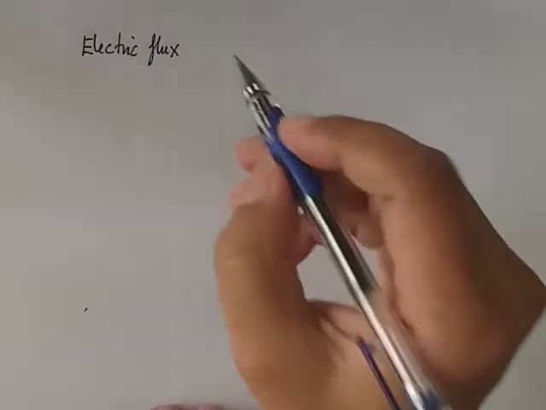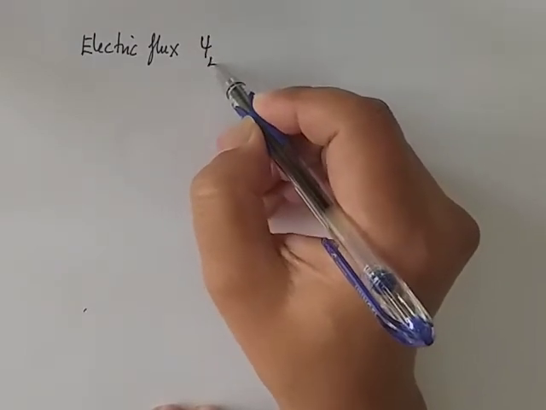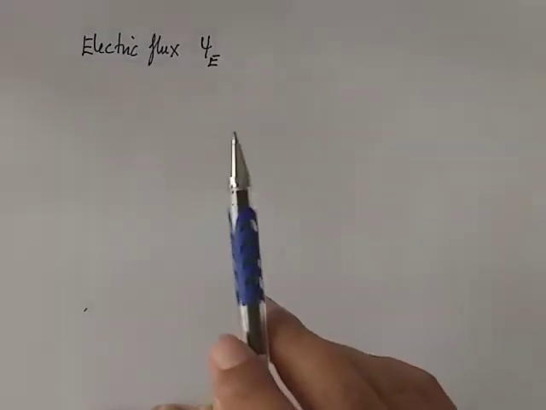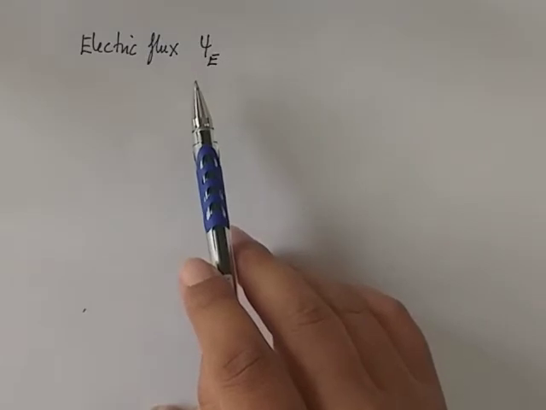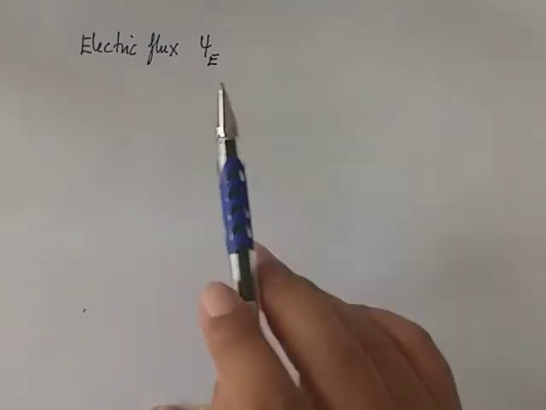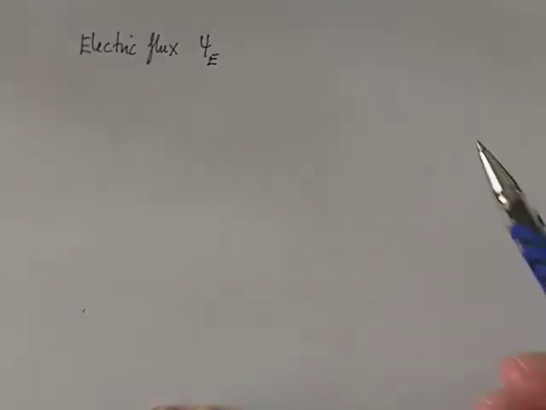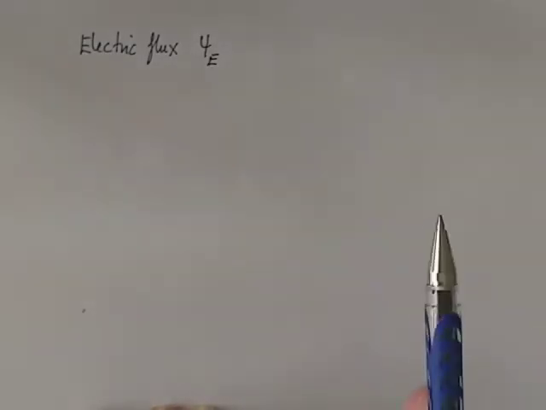Okay, and then the symbol to represent our electric flux is going to be this symbol. You might see the same symbol used later on when we are in the world of magnetostatic fields, so that's going to be discussed in other situations. But now we are focusing on electric flux with this symbol.